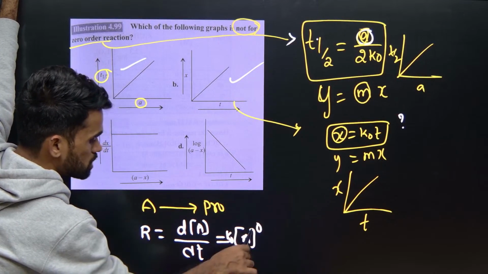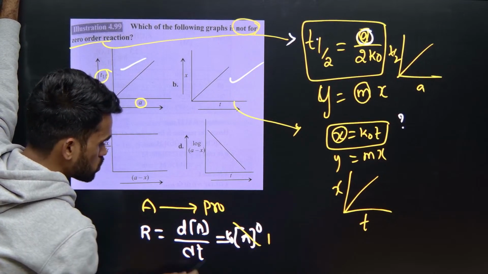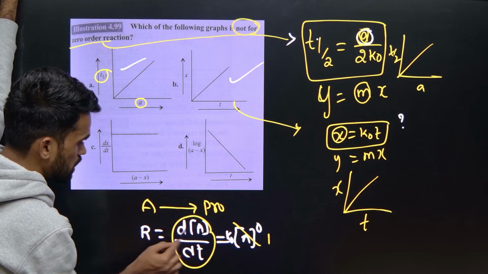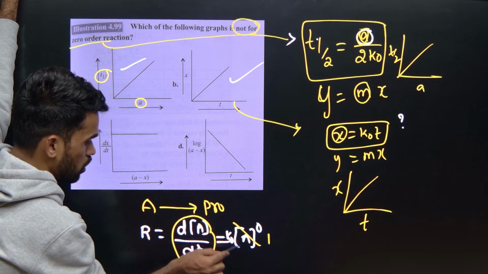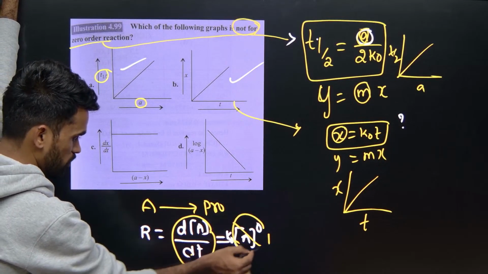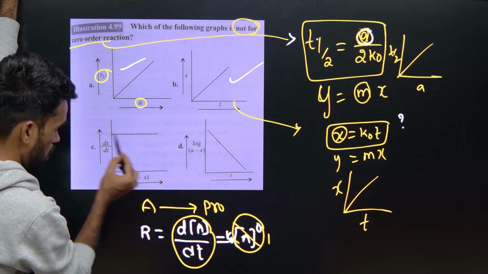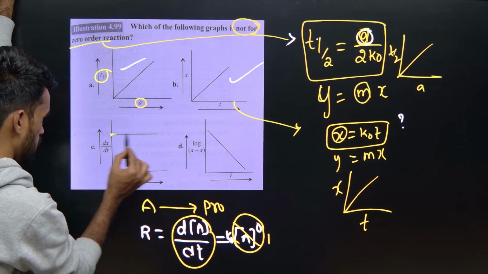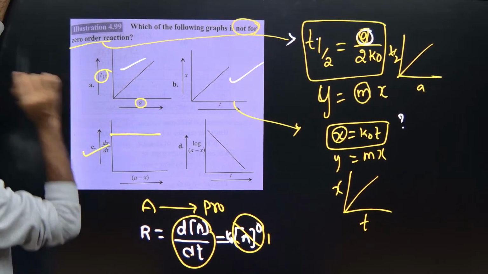Something to the power 0 is 1. So the change in concentration dA by dt is independent of the concentration of reactant. If it is independent, then the graph will look like this only. So this is also for a zero order reaction.